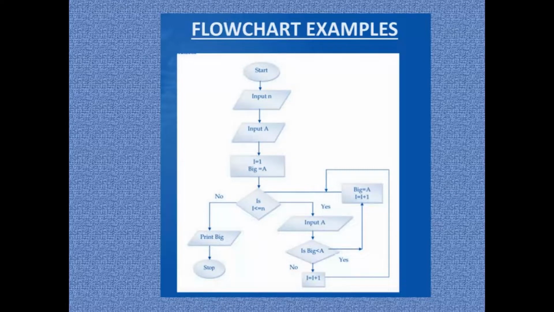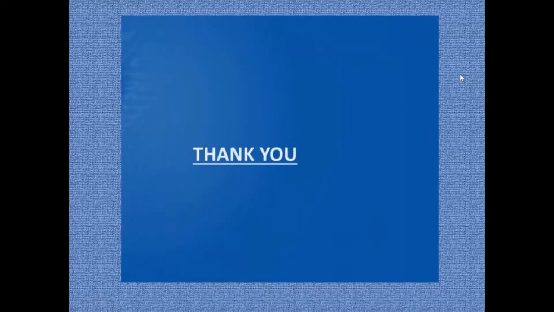But if big is greater than a, then it's no, and I is equal to I plus 1, then we go back to the program and check if I is less than equal to n. If it is no and I is actually greater than n, then we print the big number and stop.